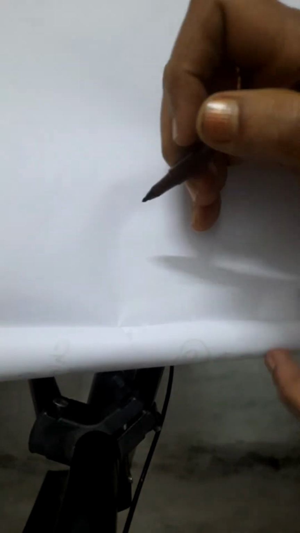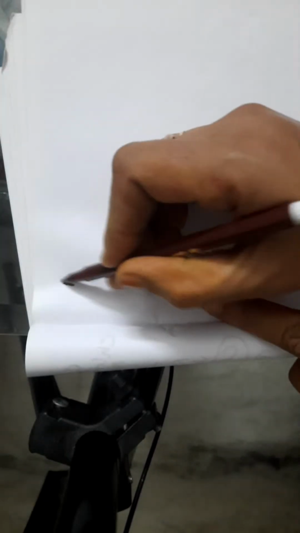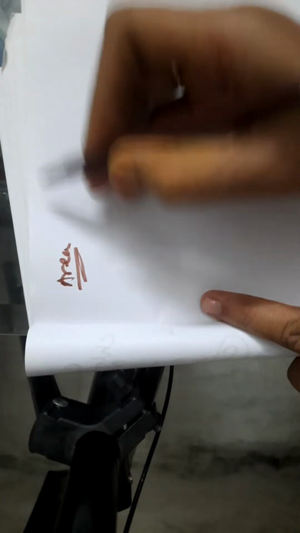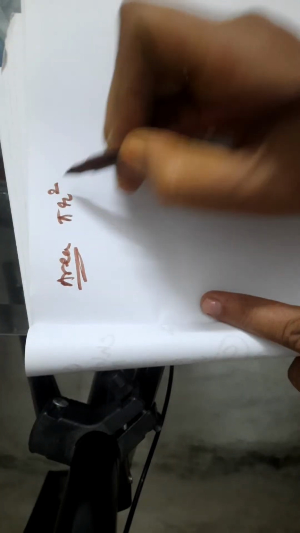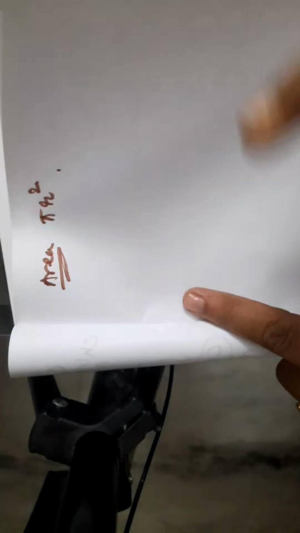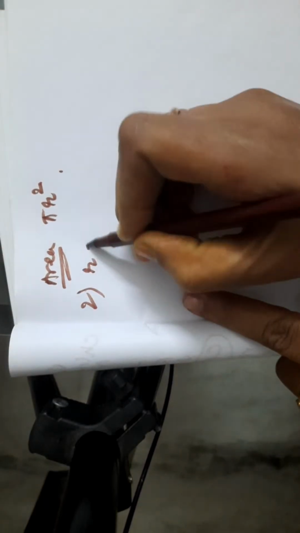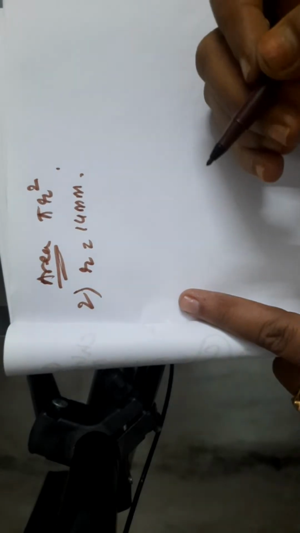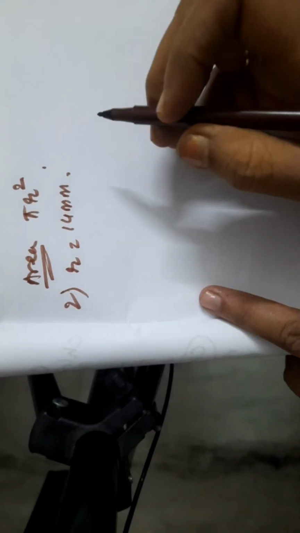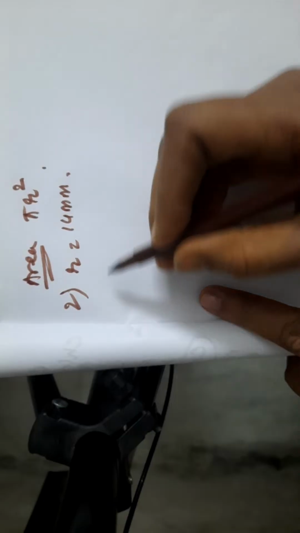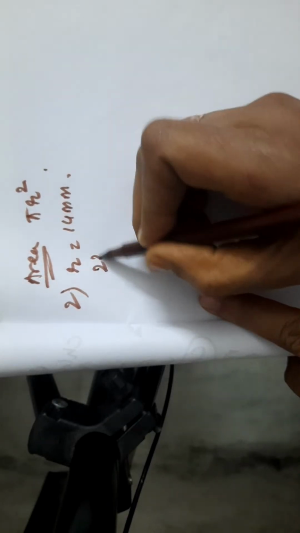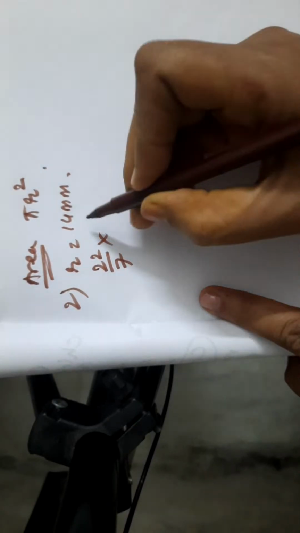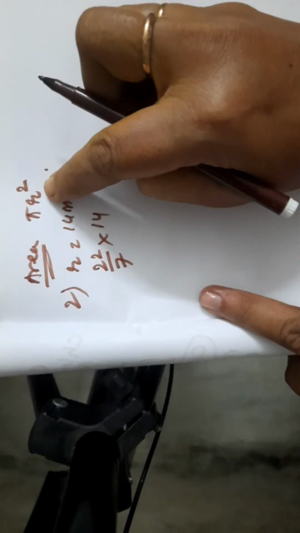Now the second question is to find the area of the circle. The formula of area is pi r square. In the second question, the radius is given as 14 millimeter. These types of questions are quite easy, where we just put the values in the formula and calculate. Here pi is 22 by 7, radius is 14, radius square is there.